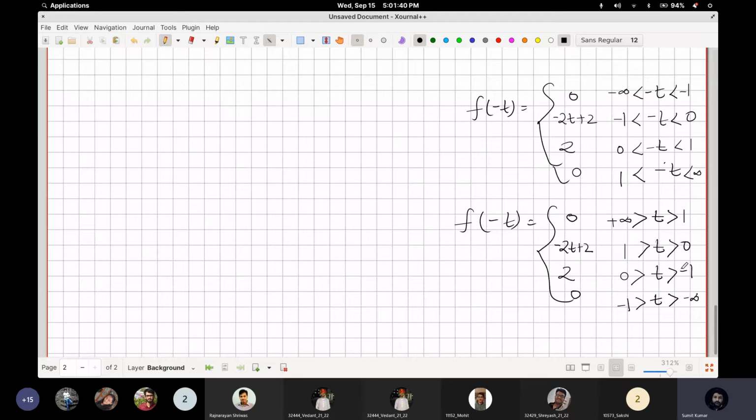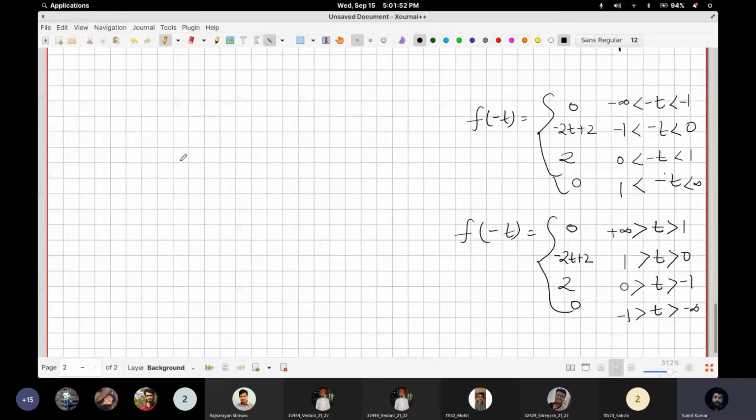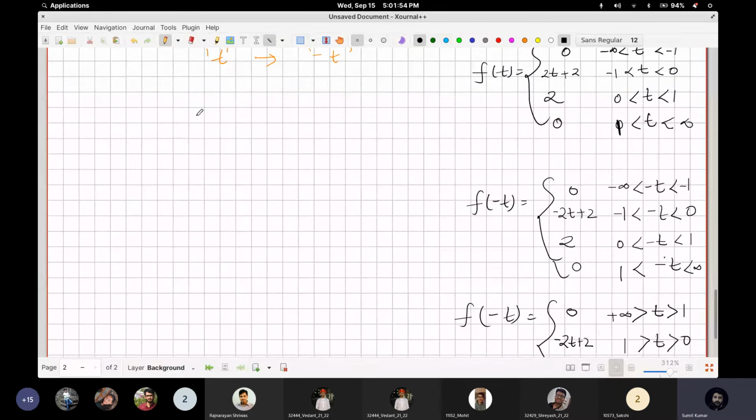So you can see that this is kind of opposite of that. If you write it properly, generally we write it from this side, then you will get it accordingly. Okay, so let me just plot this again, and then you can easily see this, that initially our signal was like this.